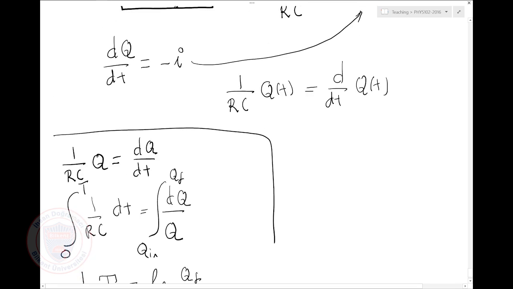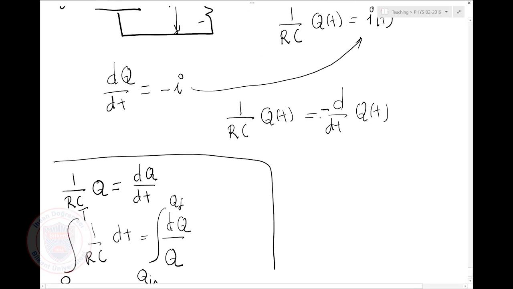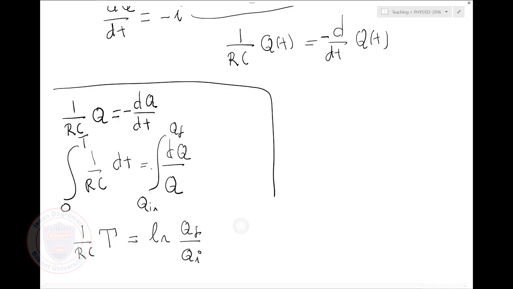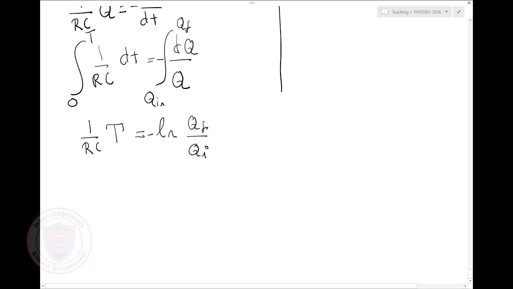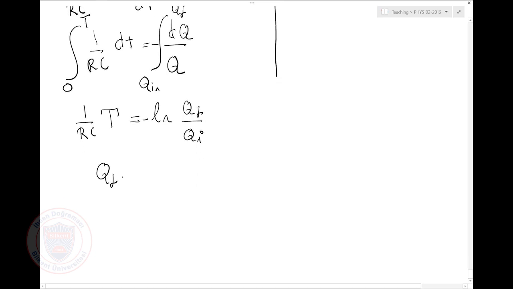I missed my minus sign, I think, which is important. Or I can say q final is q initial times e to the minus time over RC. That's one other way to solve it.